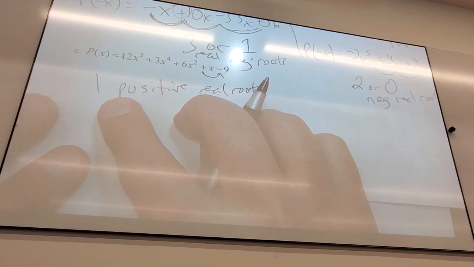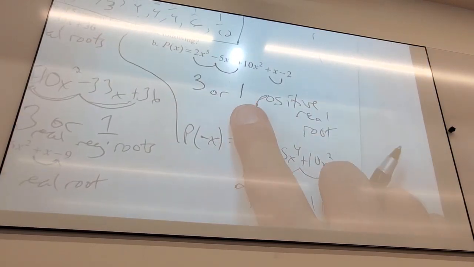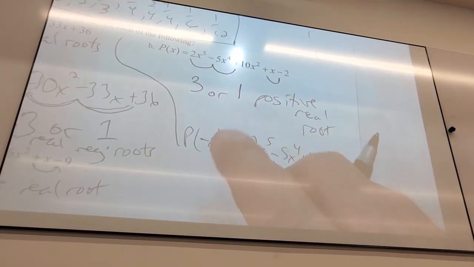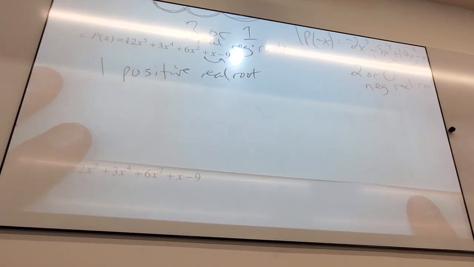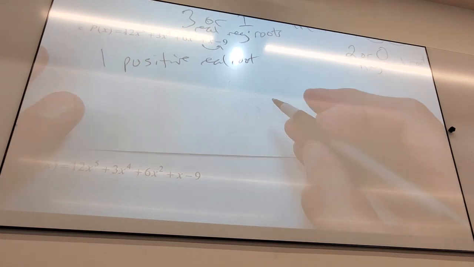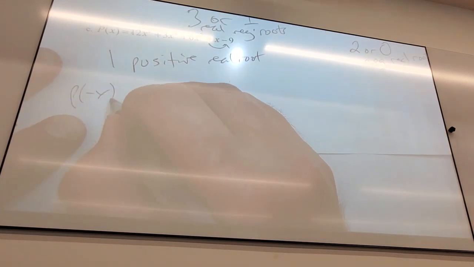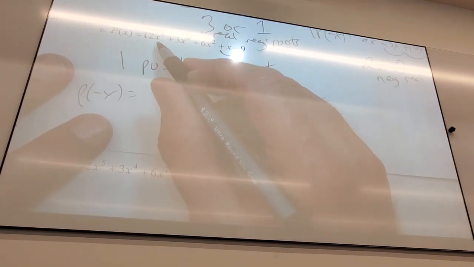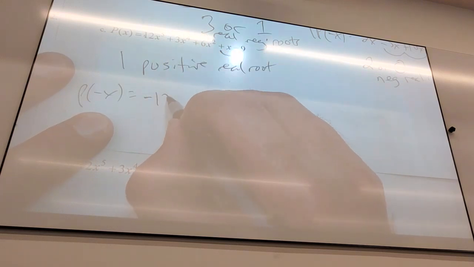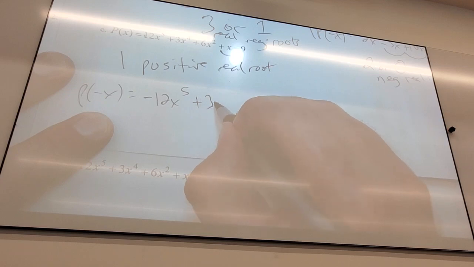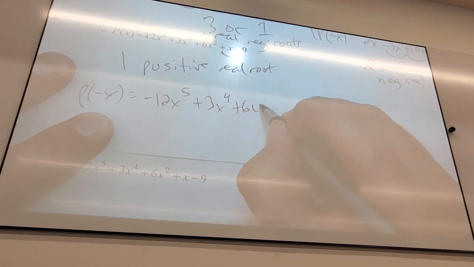Because I can't. You always stop when you get to 1, because you can't take 2 away from 1 and make any sense when we're talking about number of things. How do I check the negative roots? Well, I put a negative x in. Does everybody understand the shortcut I'm doing? Yes. When I put a negative in, the odd powers are going to change sign. The even power terms are going to stay the same sign.